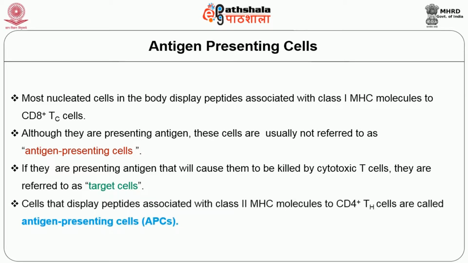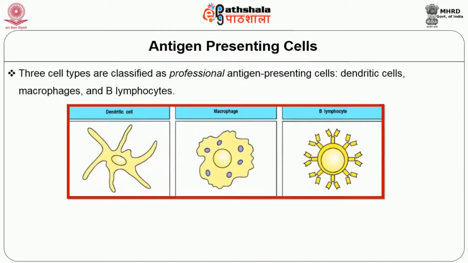Cells that display peptides associated with class 2 MHC molecule to CD4 helper cells are called antigen presenting cells, APCs. There are three types of antigen presenting cells, namely dendritic cells, macrophages and B lymphocytes, which are called professional antigen presenting cells because they express both the signals required for antigen presentation.